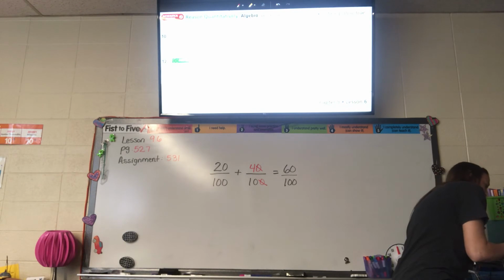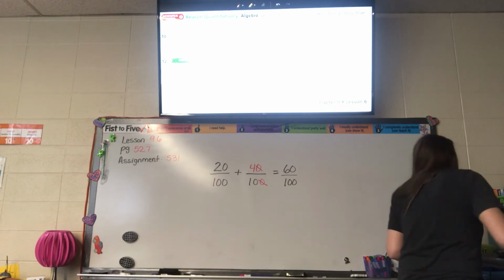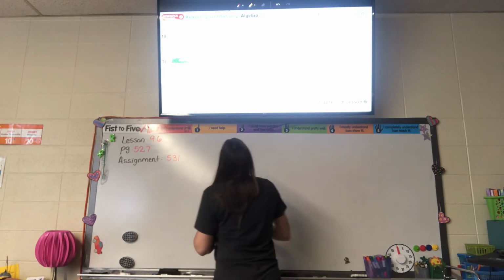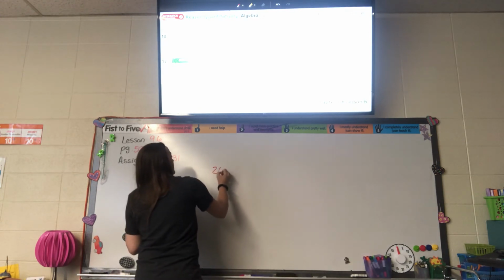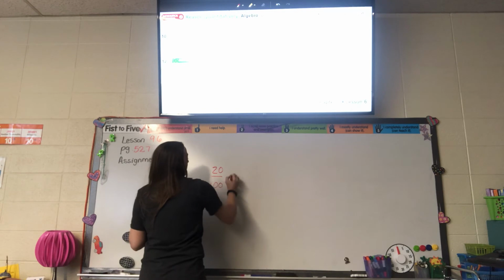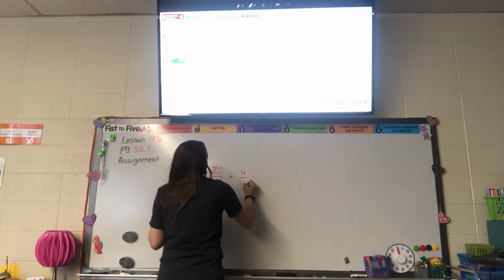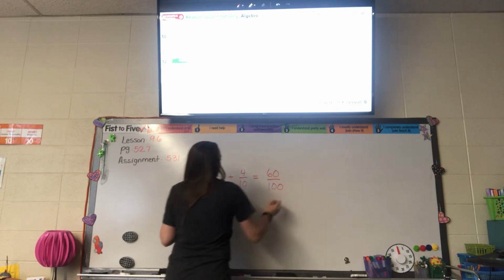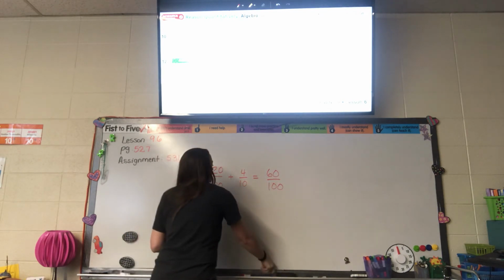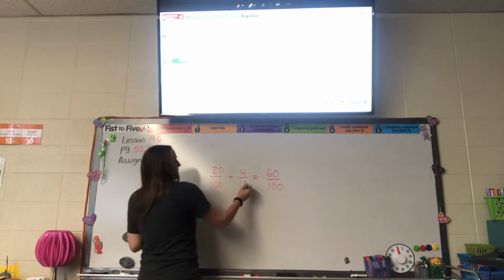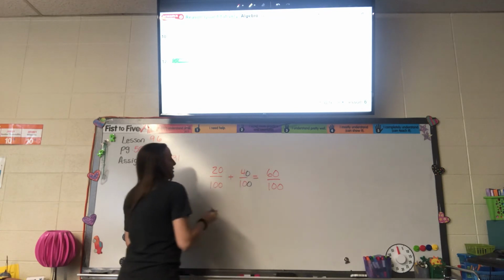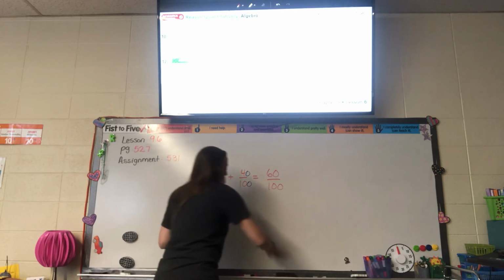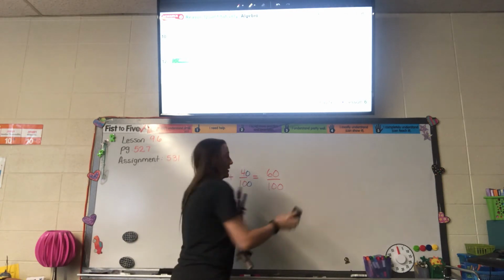So, if we started from scratch on this, just to check it, and we said 20 hundredths plus 4 tenths should equal 60 hundredths. And we know that we need to find a common denominator, so I'm going to put zeros there and there. And yes, 20 plus 40 is 60. Okay, so we're kind of just working backwards here.